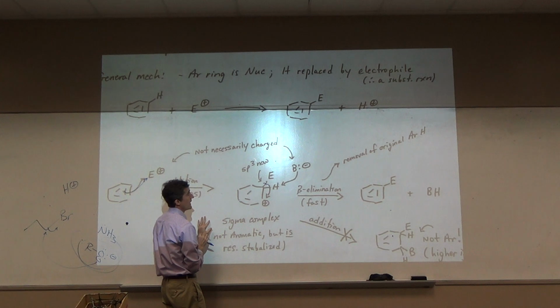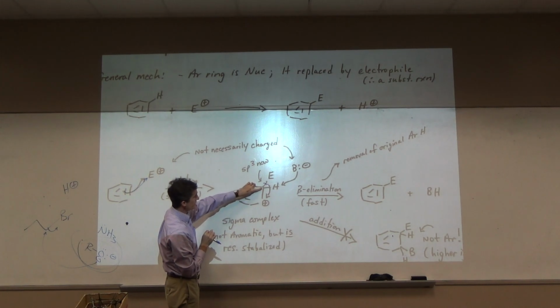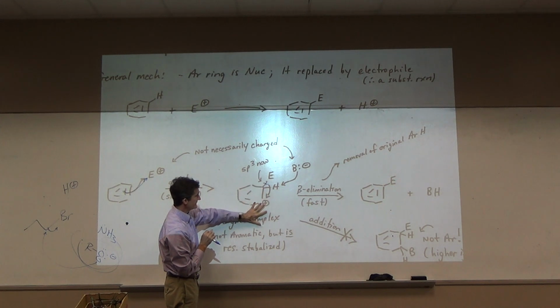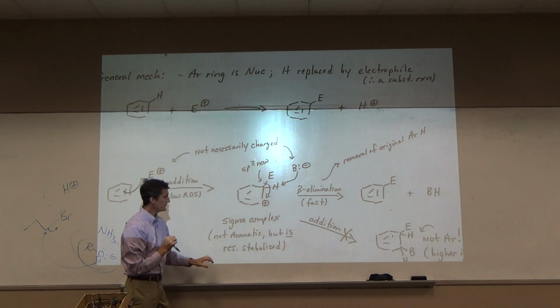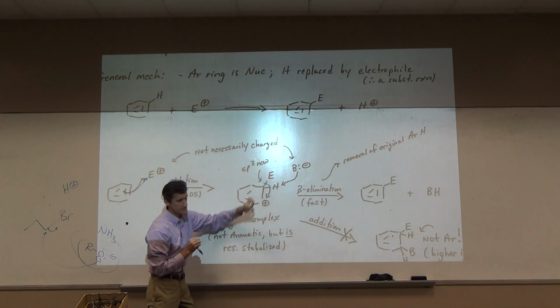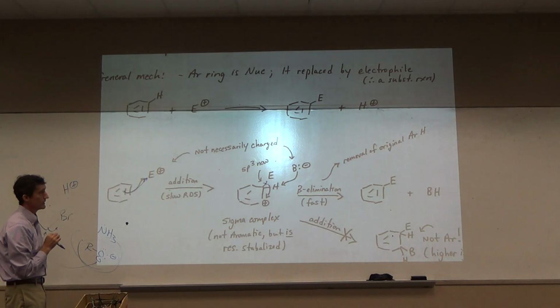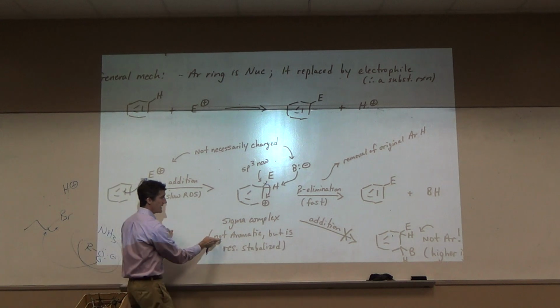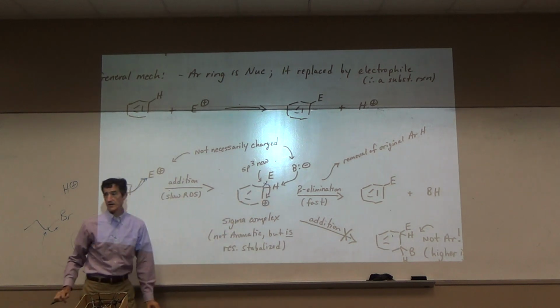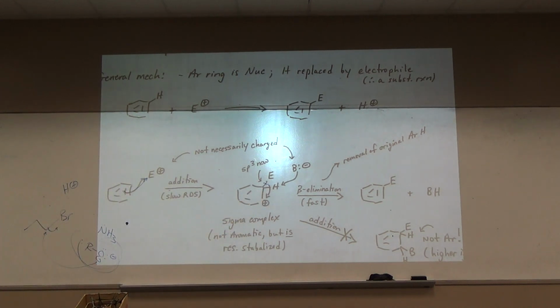Now, this carbon is now sp3 because it has 4 bonds. This cation is often called a sigma complex because we just made a sigma bond to the electrophile. This intermediate is not aromatic because that carbon is now sp3 and does not have a p orbital.